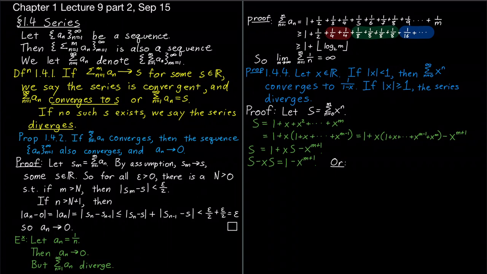So let's go ahead and just use what we've already written as S minus the excess. That's the sum from n equals 0 to m of x to the n minus x times the sum from n equals 0 to m of x to the n.